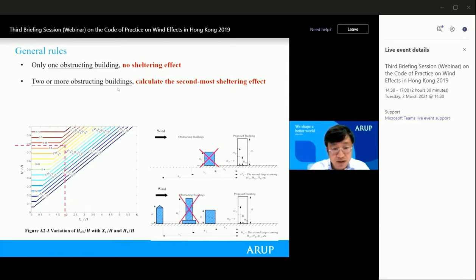After the evaluation, we see the middle taller building gives the biggest sheltering effect. For this one, following the rule, we should ignore its effect. Then we need to go through the second most beneficial building, which is the slightly shorter building but closer to the target building height. That provides the second biggest sheltering effect, and that shall be taken for the final calculation.